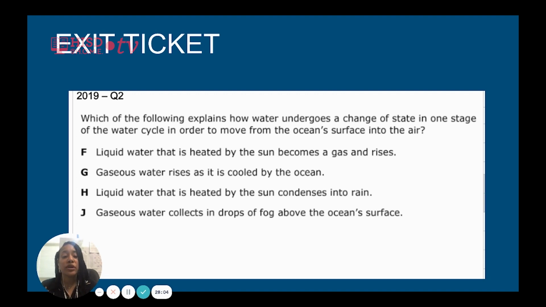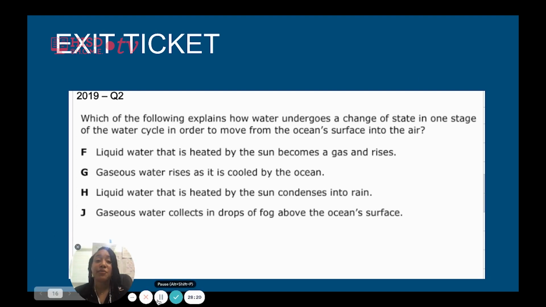So I'm going to read the question one more time. Which of the following explains how water undergoes a change of state in one stage of the water cycle in order to move from ocean surface into the air? So now that we have read this question twice, can you tell me a key statement or a key part of the question that will help us come up with the correct answer?